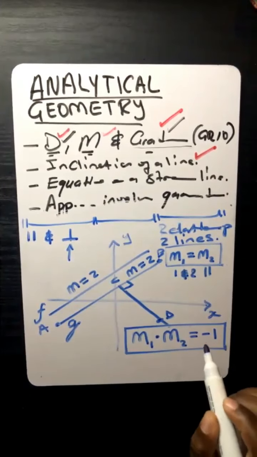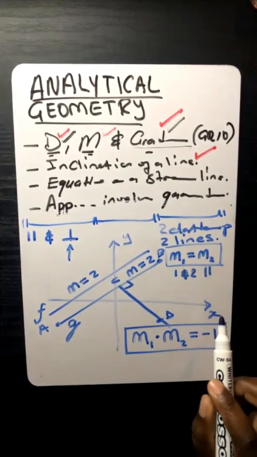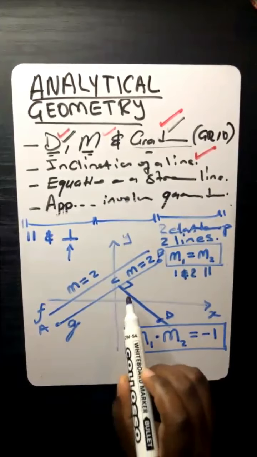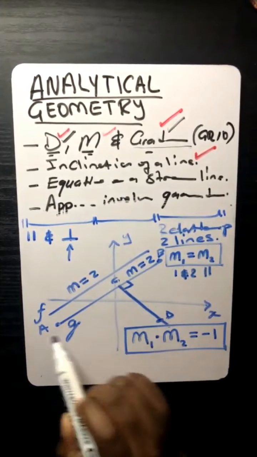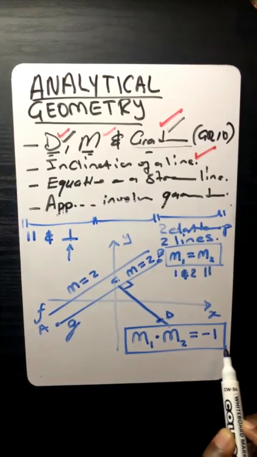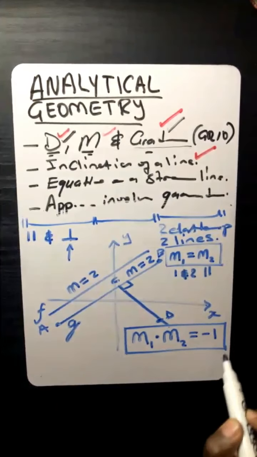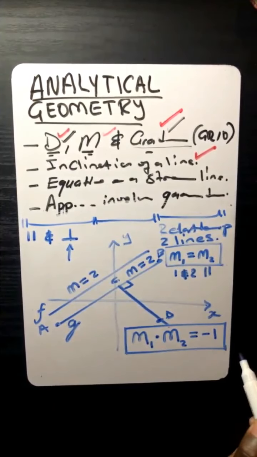D. So the examiner tries to be smart to say, give us the gradient of CD provided CD and AB are perpendicular to each other. Because you are not aware of this information, you are going to stress the whole day.